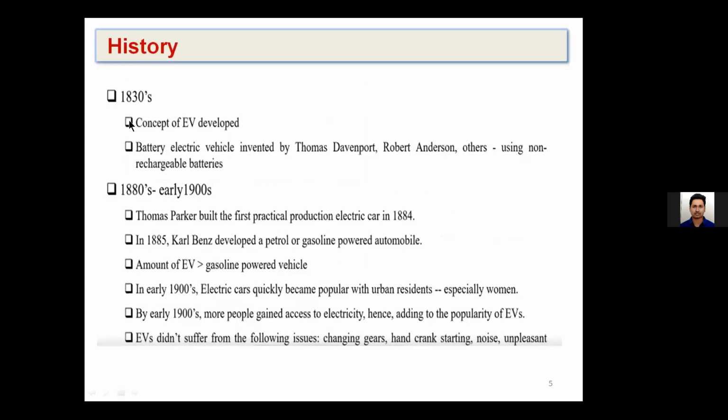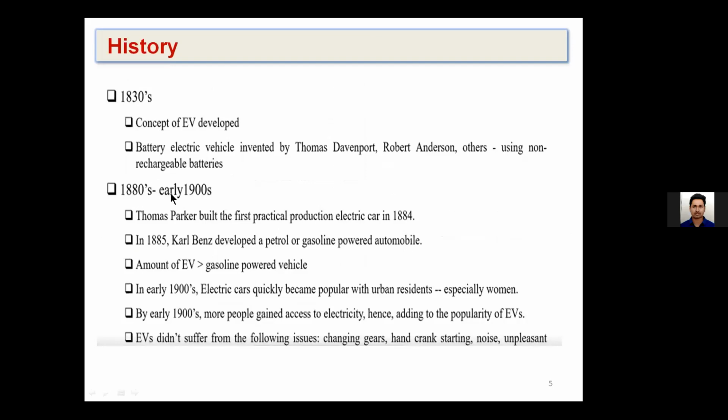So coming to the brief history, even at the time of the 1830s, the concept of EV had been developed, where a primitive version of a basic lead-acid battery and DC motors were extensively used in those days. But the actual commercialization started after the 1880s.